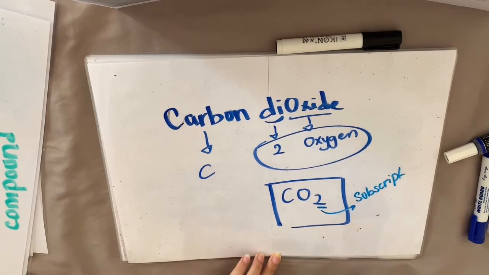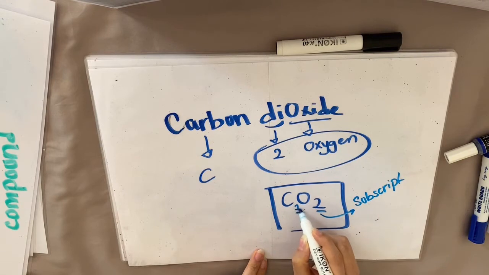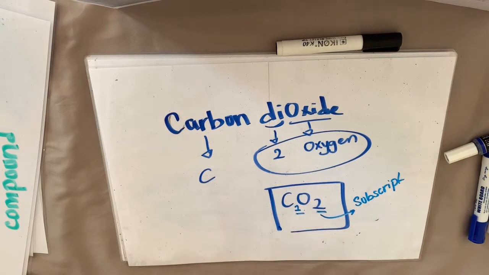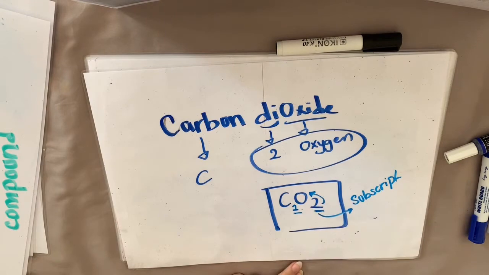This is called a subscript. A subscript is the small number at the bottom. If we have no number, imagine it's an invisible one. Always no number, invisible one. Okay? So, the subscript tells us how many of this is present.